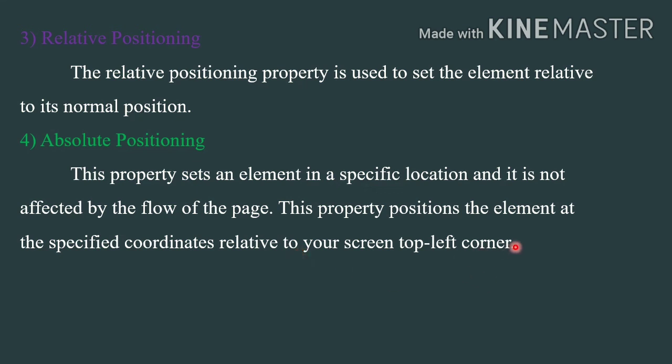As I told you earlier, when we are loading a web page, the elements come from the top left corner because left alignment is the default alignment for web page elements. So this absolute positioning will position the element at the specified coordinates relative to the screen's top left corner. Okay, now we will see the programs on positioning.